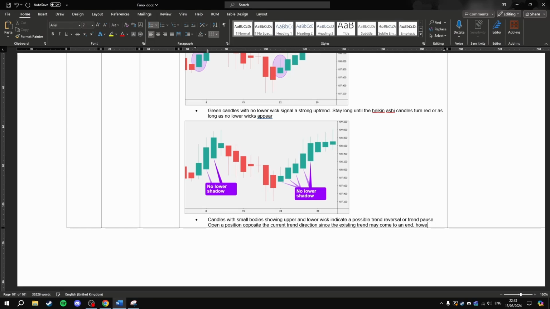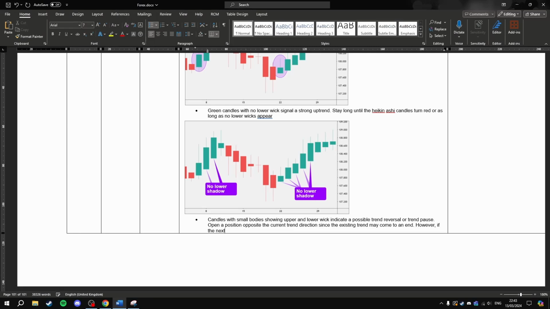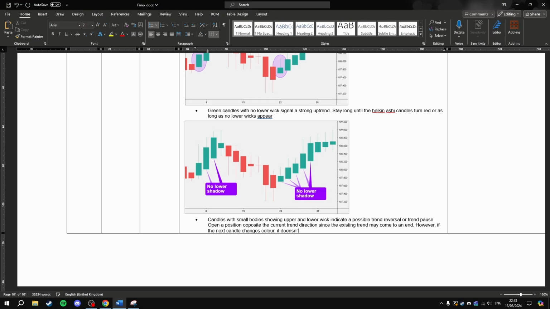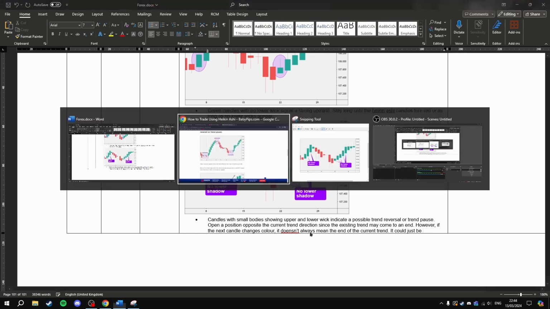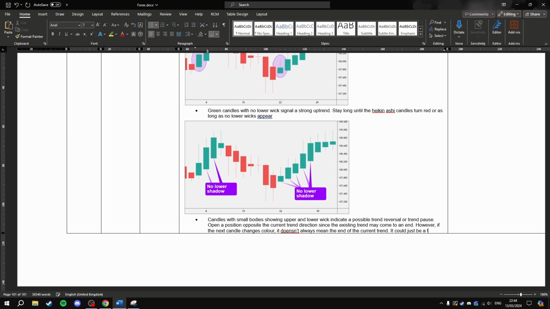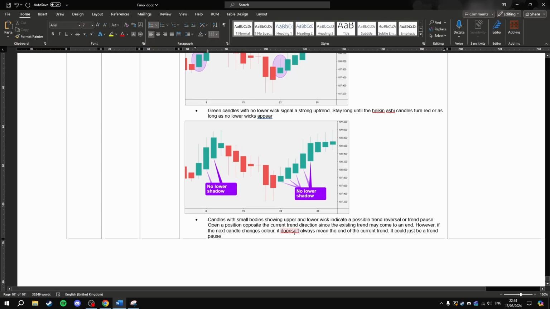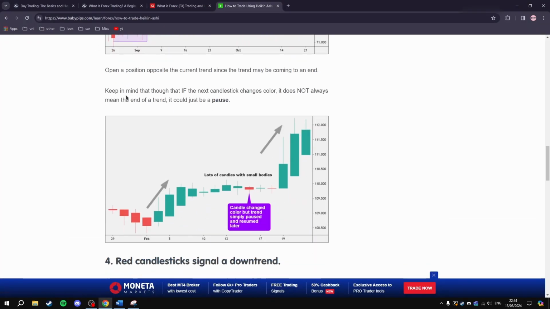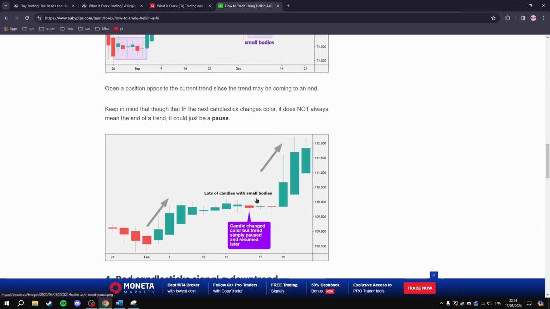However, if the next candle changes color, it doesn't always mean the end of the current trend. It could just be a trend pause that simply pauses and resumes later.